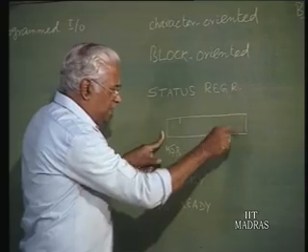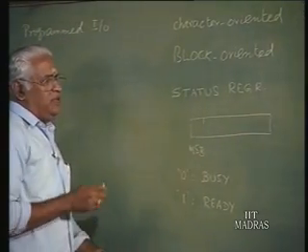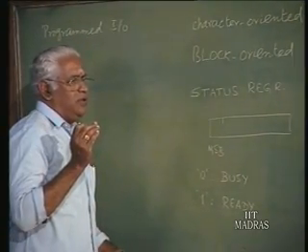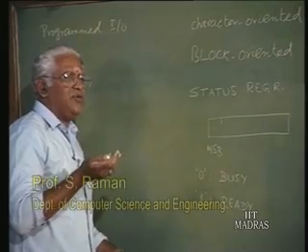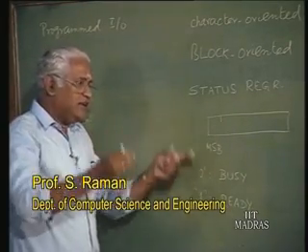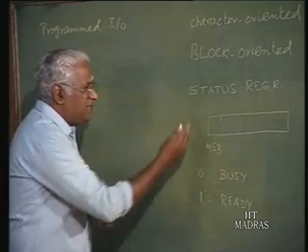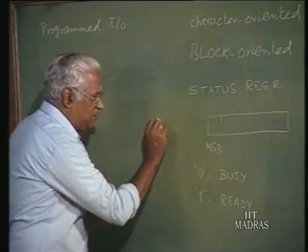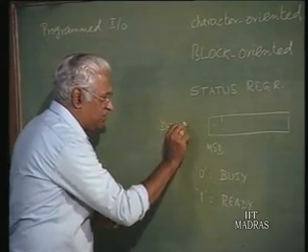That is, this particular register must have an address, is it not? The CPU generally addresses the status register and then reads the contents. So, we will just call that address very simply, mnemonically, as device status.